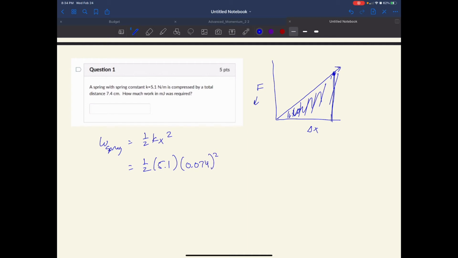So the calculator will tell you that that's 0.013968 joules, but remember they want millijoules, which means thousandth of a joule. There's a thousandths place right there. So this is going to be 13.96 millijoules. Or most likely what they're looking for is 14 millijoules. If you go by sig figs, 14 millijoules.